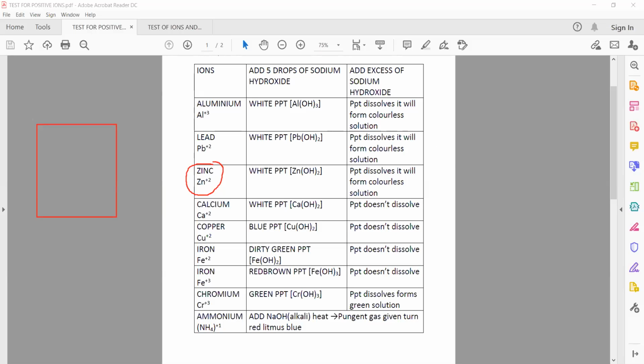If you add sodium hydroxide, NaOH, again this will also form a white precipitate. And what is this white precipitate? These white precipitates are due to zinc hydroxide. And when you add an excess, when you add more than enough, what is the observation? You will again observe that the precipitate will dissolve and it will form a colorless solution.